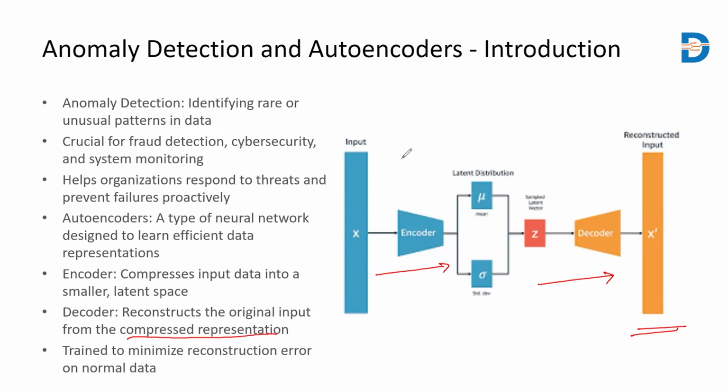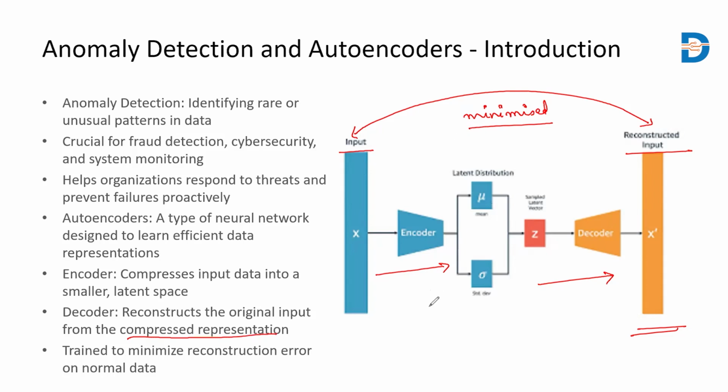Now, this basic structure of the autoencoder is trained on the regular patterns of data such that the reconstruction error, the difference between the reconstructed input and the actual input, is minimized. So the whole neural network is trained on normal data to minimize the reconstruction error between the original data and the reconstructed data after the encoding and decoding phase, correct?